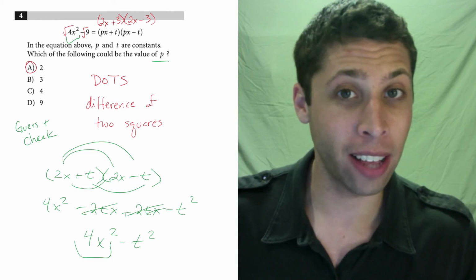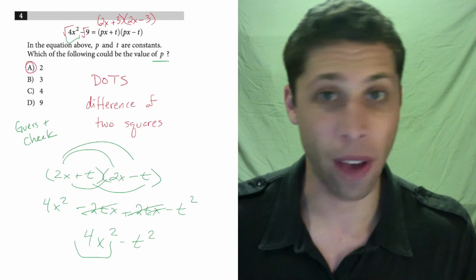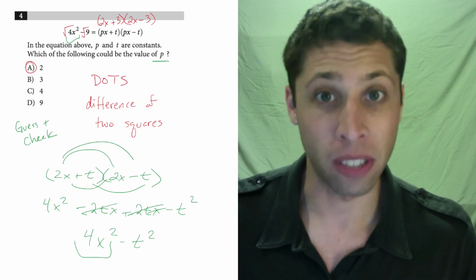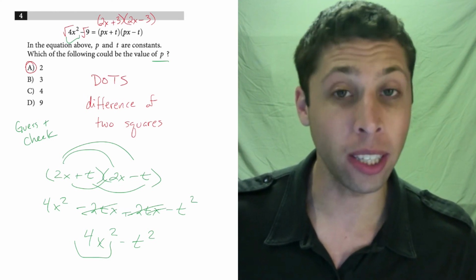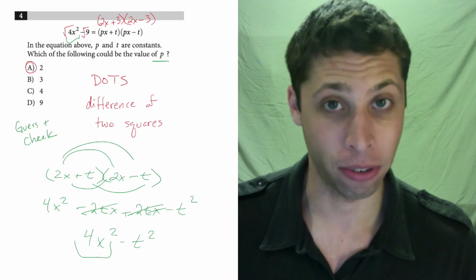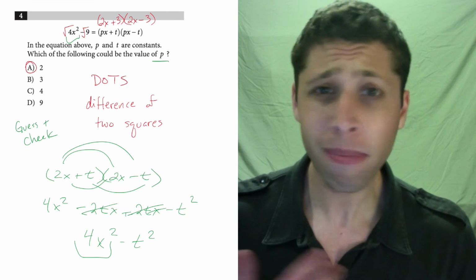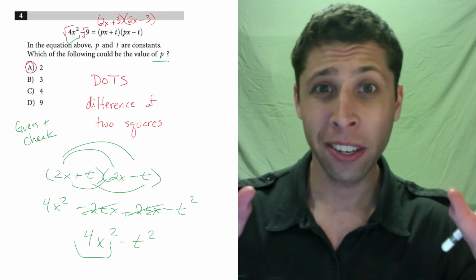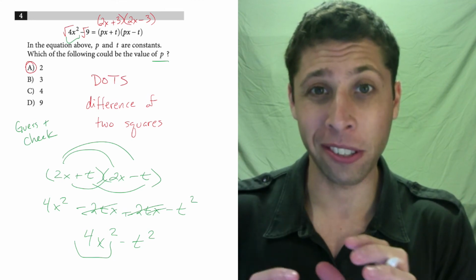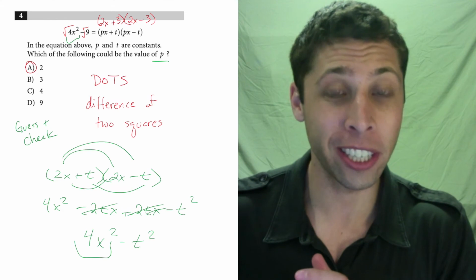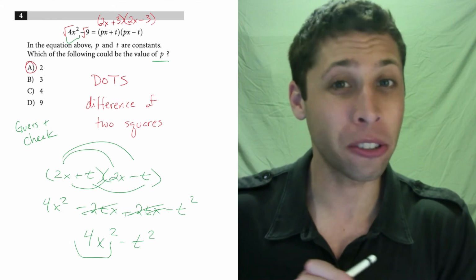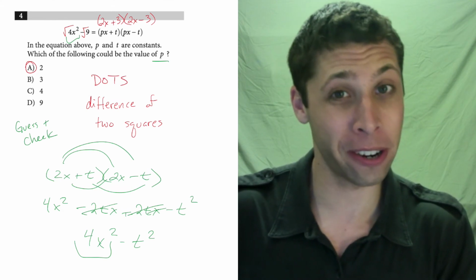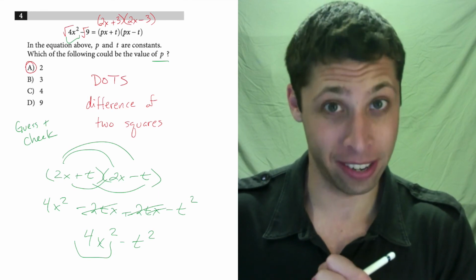Honestly, I think you just need to know this is how you factor these specific situations. The SAT really likes difference of two squares factoring. I don't know why, but it comes up in all sorts of places. So if you see this expression, this equation where you've got something squared, sometimes two things are squared, and they're being subtracted, that's the key piece.